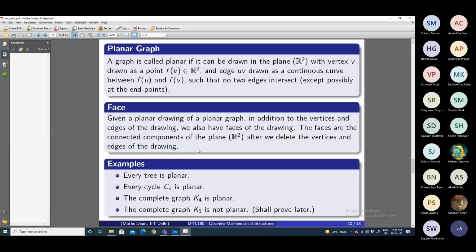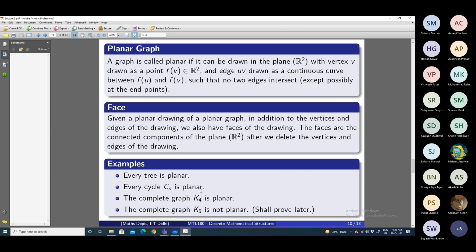Okay, fine. Now there are some examples. Every tree is planar. Now can you tell me, if you take a tree, how many faces you will have? Yes, one face, right? Good. Because if you cut along the tree, it will still be connected. Now every cycle Cn is planar.